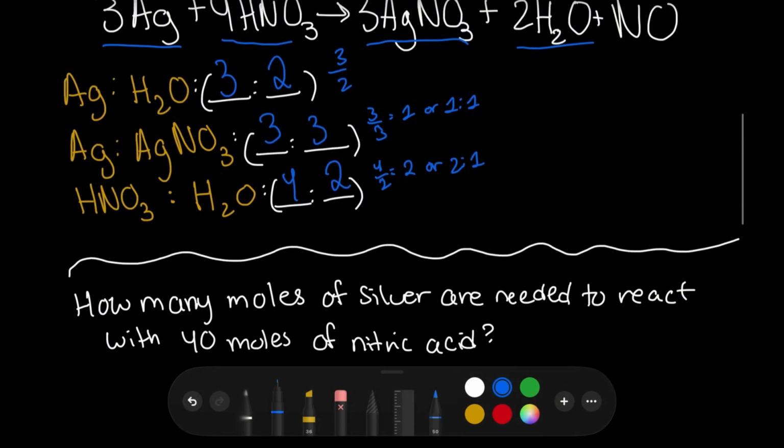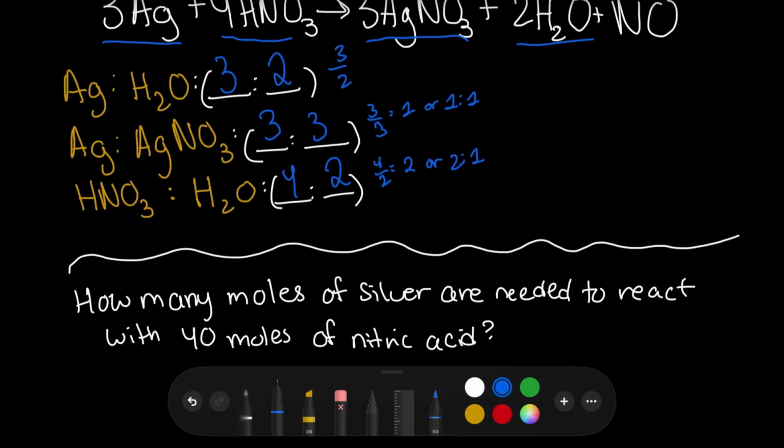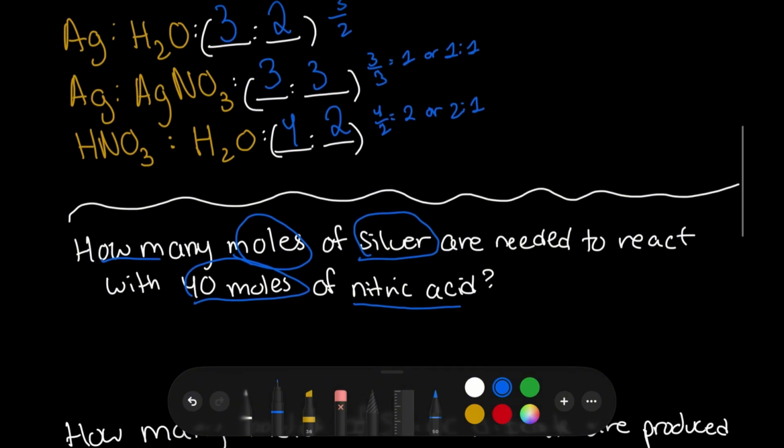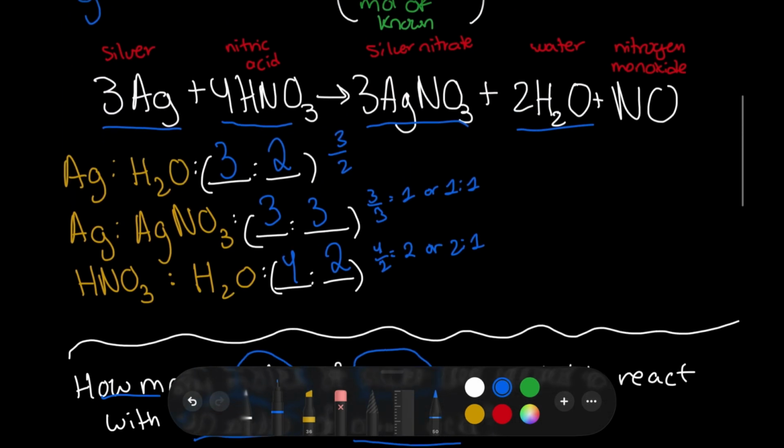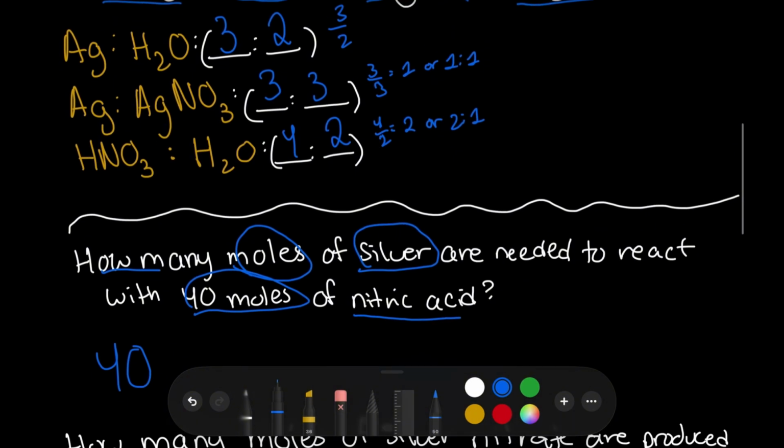So now let's answer these questions relating to this equation. It's asking how many moles of silver are needed to react with 40 moles of nitric acid. Our given value is 40 moles of nitric acid, and nitric acid is written as HNO3.